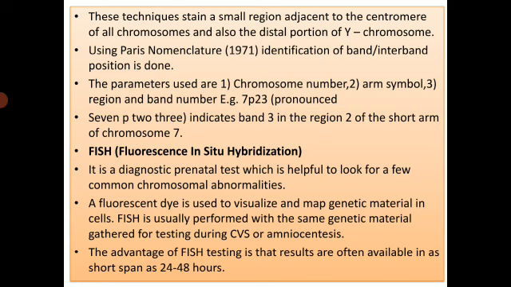Okay, second, the arm symbol, that is P arm or Q arm, then region and band number. 7p23, pronounced 7 p 2 3, indicates band 3 in region 2 of the short arm of chromosome 7. P is the short arm. Okay, so like that you can easily go for the numbering of chromosomes or banding of chromosomes.